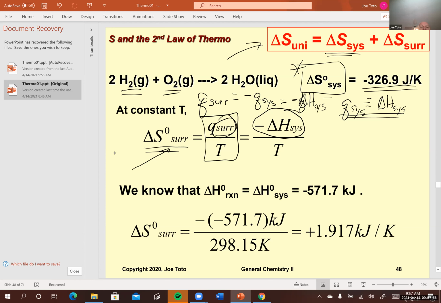All right. Now, once you understand all that, then I can again find the delta H of the reaction and calculate that using our formula for summing up the delta H of formations of the products and subtracting out the delta H of formations of the reactants, and estimate that value and calculate my delta S for the surroundings.